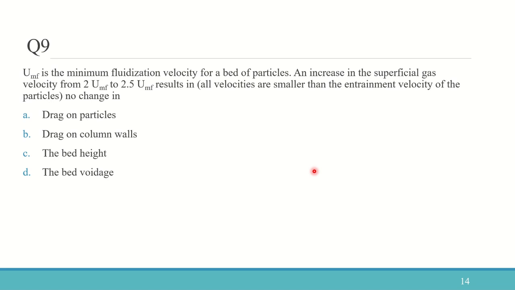So bed height is the correct answer where there is no change. And option D is bed voidage. Bed voidage again would depend on the number of particles inside the system and the fluid. So option C is the right answer.